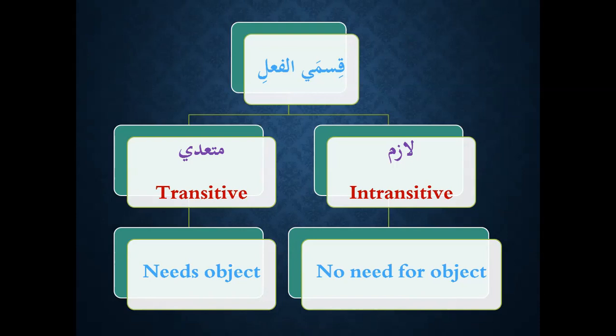For an action to take place, there is a subject, the doer, and if that action requires an external agent to complete it, it is called transitive, because the action has to transit onto some other agent. Intransitive means it doesn't need anything else, it can just complete by itself. The action can be done by the doer itself.